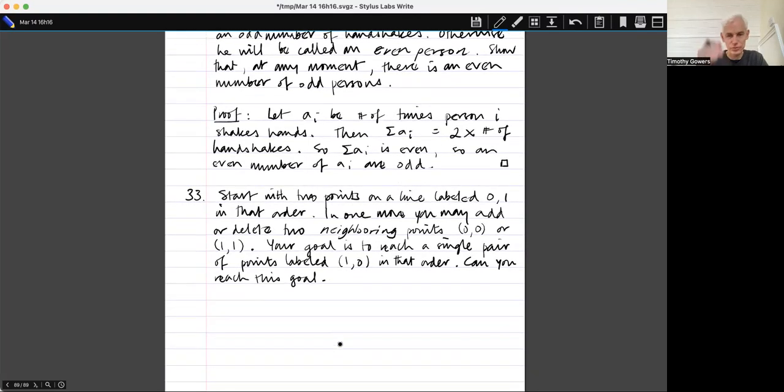Oh, I think I do understand now what's going on. So let me just try to explain that. We have a line like this. We stick a 0 and a 1. And now I can just put in whenever I want 2 points, 1, 1. But I can't put them on either side of this 0 because they have to be neighbouring. So I could put in something like 1, 1.